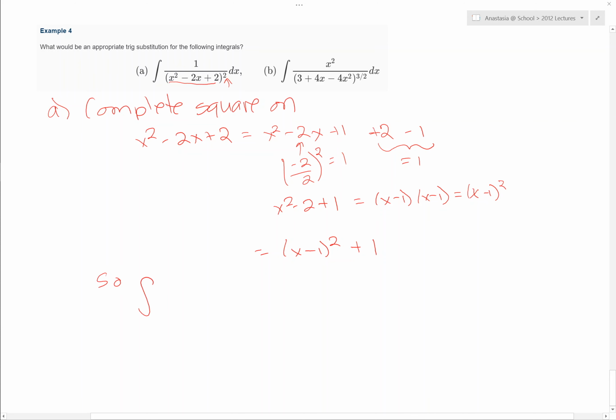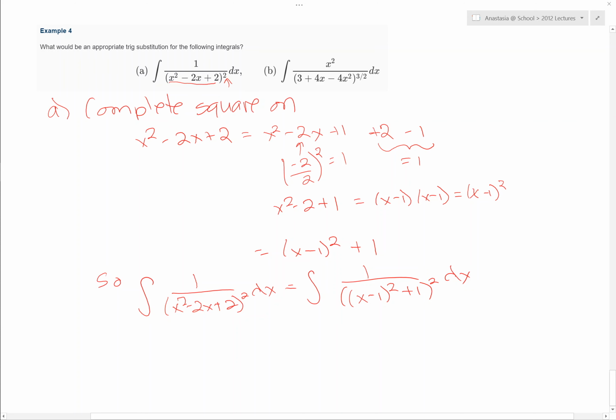So our integral then would be the integral of 1 over x squared minus 2x plus 2 all squared dx. We could write that as the integral of 1 over x minus 1 squared plus 1, all of that being squared dx.